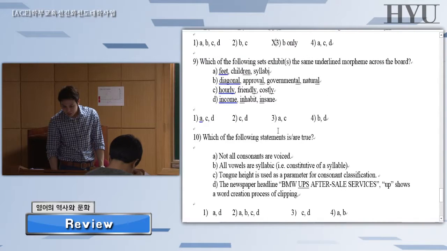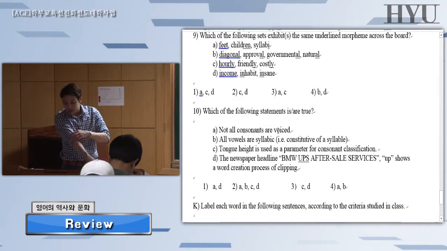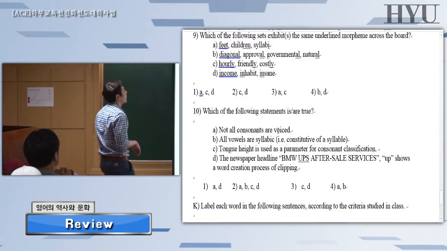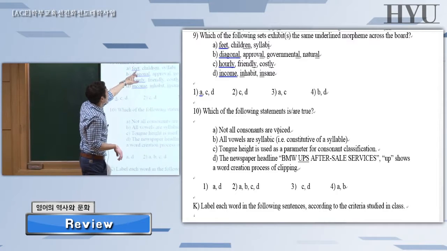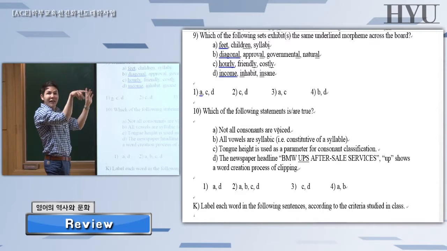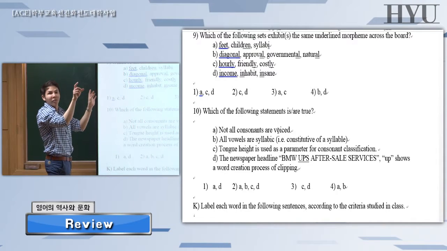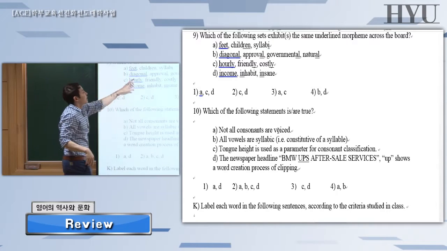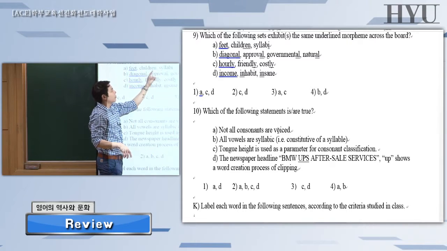Number 9, which of the following sets exhibits the same underlined morpheme across the board? In number 1, I underlined feet. So we have the word foot and the plural morpheme. Children, child plus the plural morpheme.